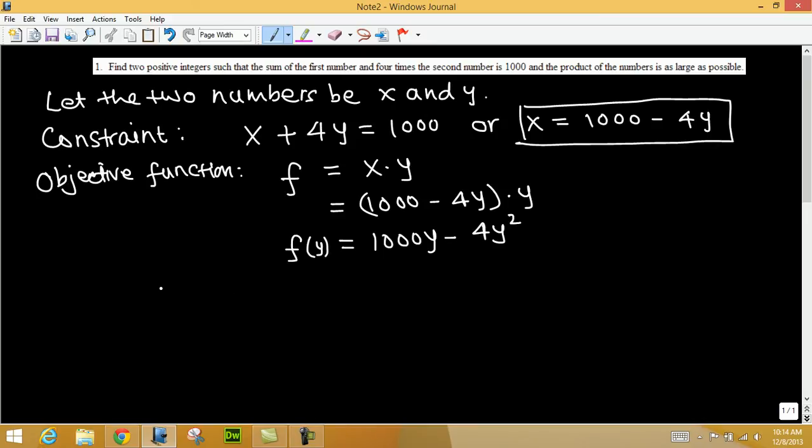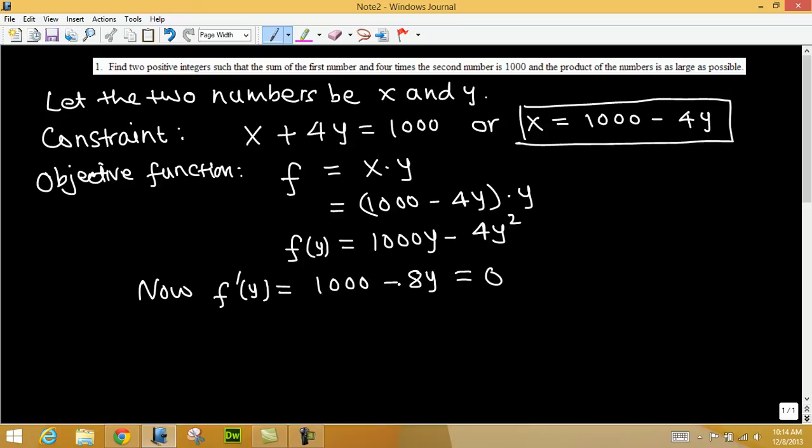So we find the derivative. The derivative of this function is 1000 minus 2 times 4, 8y, and we set this equal to 0 to find the critical numbers. Solve for y.